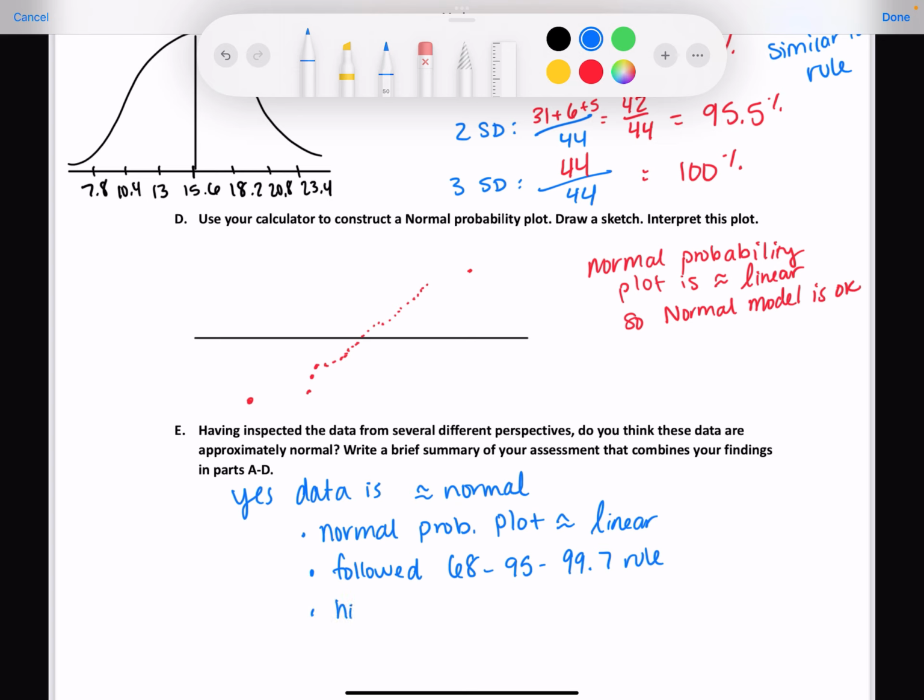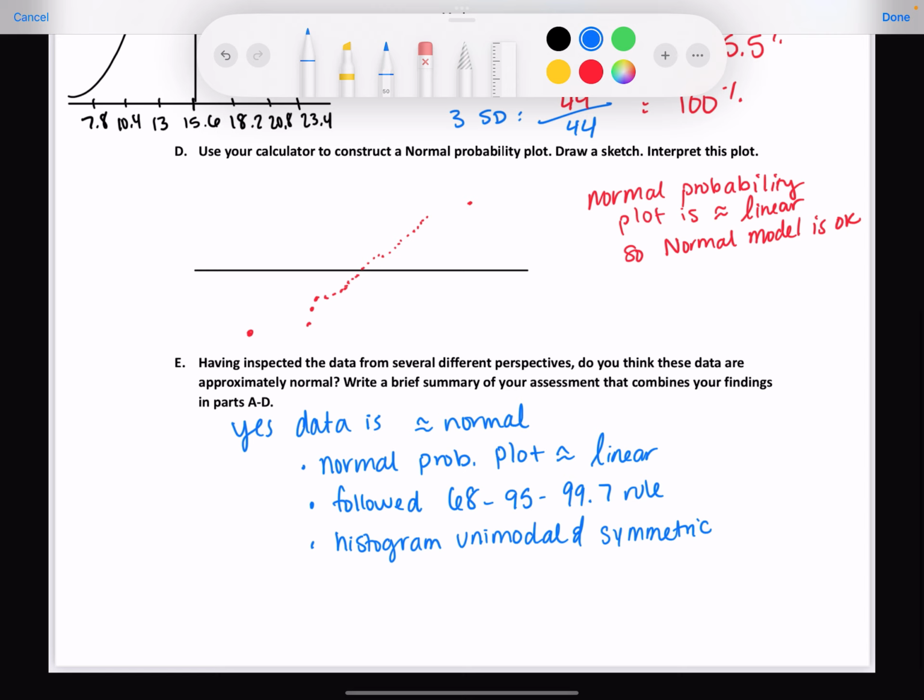The histogram is unimodal and symmetric. Obviously, approximately on that as well. So, all conditions are met. So, it's okay to use the normal model.